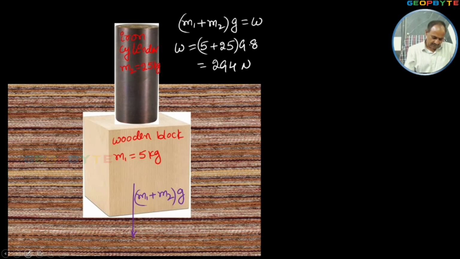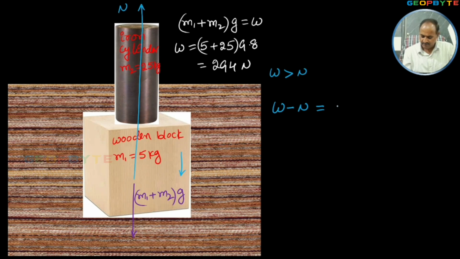Then you are asked to find the normal reaction. You know, normal reaction always acts perpendicular to the contact surface. That normal reaction is N. Now, since the whole block is moving down, this weight is more than the normal reaction. Then weight minus normal reaction must be equal to the net force.